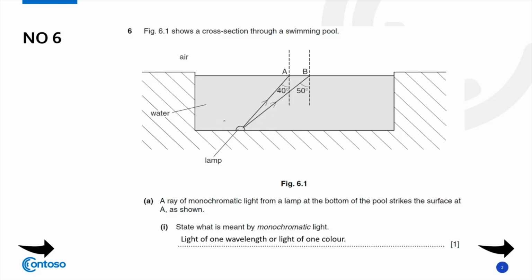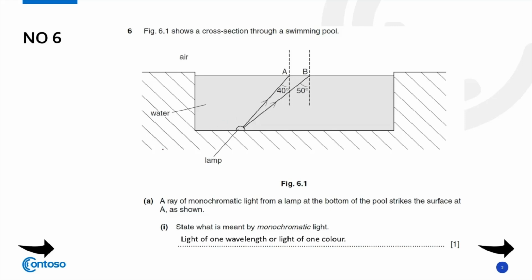The light comes from the water to the air. Then the first medium is the water, while the second medium is the air. So N2 is the refractive index of air, which equals to 1, while N1 is the refractive index of water, which equals to 1.33. It is stated in the problem. You must memorize that the refractive index of air equals to 1.